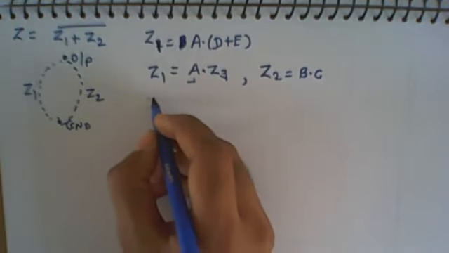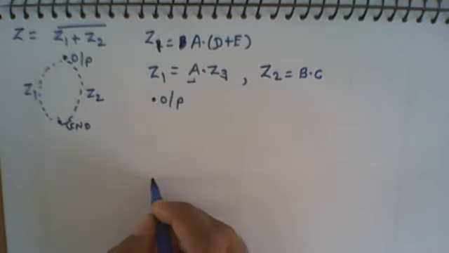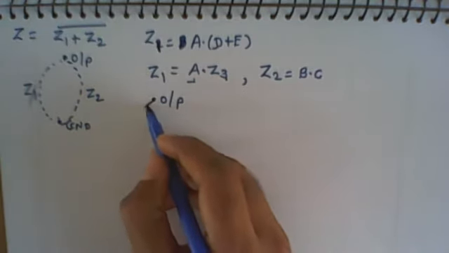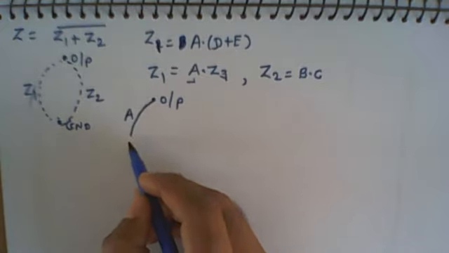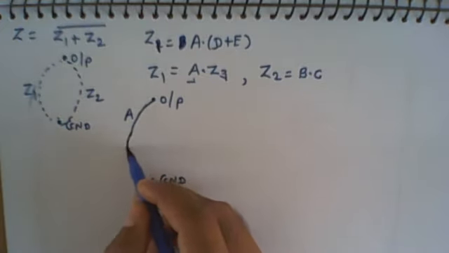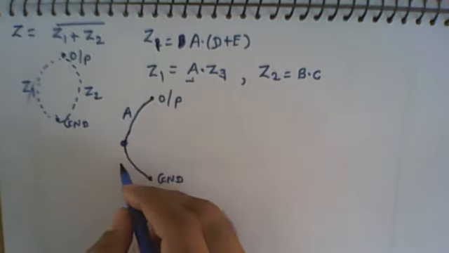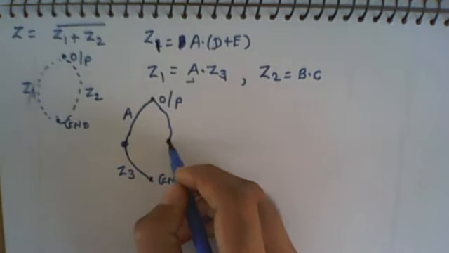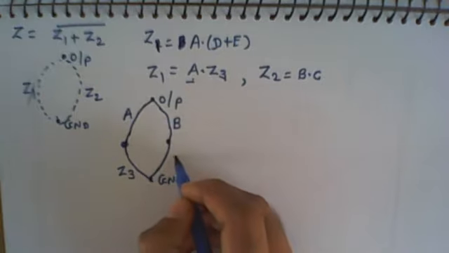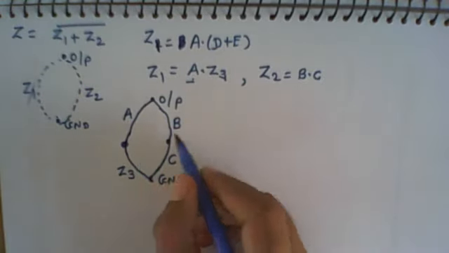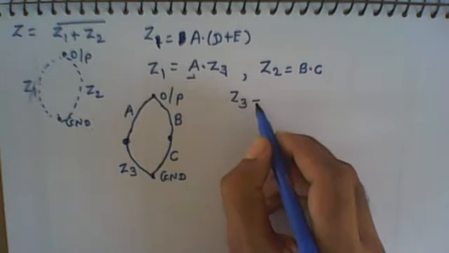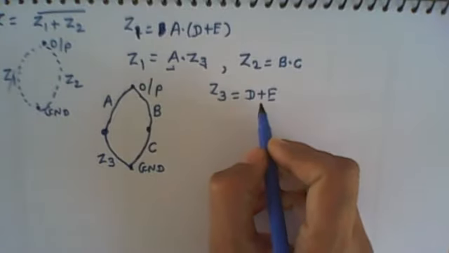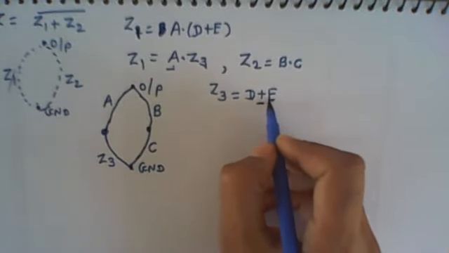So the next step, between the output and the ground, this line Z1 is divided into two parts, one is A and another is Z3. And this other one is also divided into the B and C MOSFETs. Now we know Z3 is equal to D plus E, so here it is an OR. So D and E both are connected in parallel.